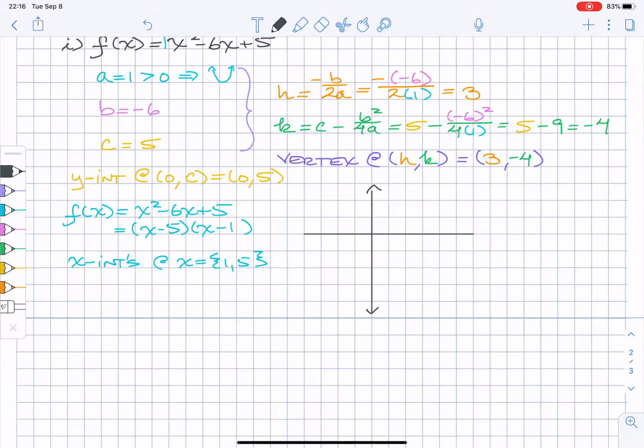So what I'm going to have to do then is change the scale of this. I'm going to have to do a scale of 2. So this is 1, 2, 3, 4, 5, 6. 1, 2, 3, 4. 1, 2, 3, 4, 5.